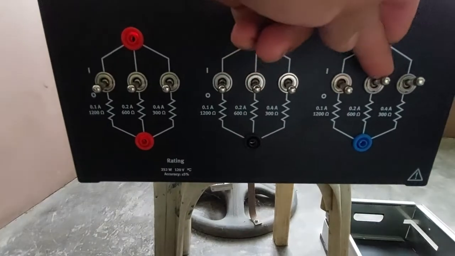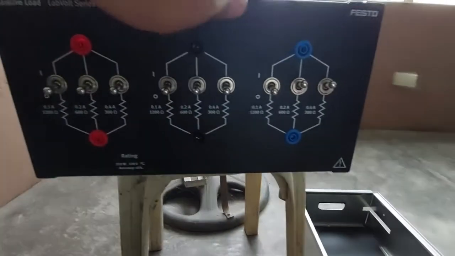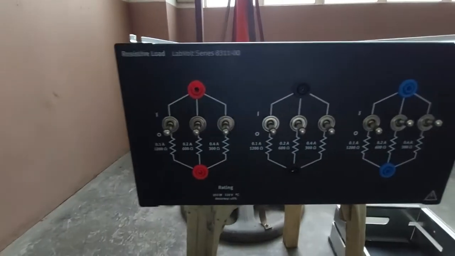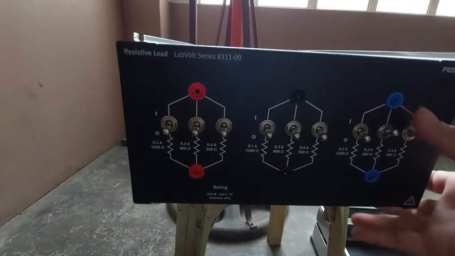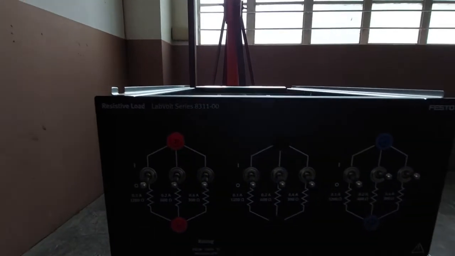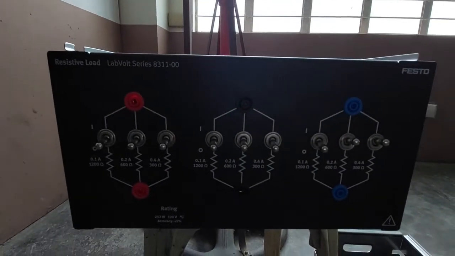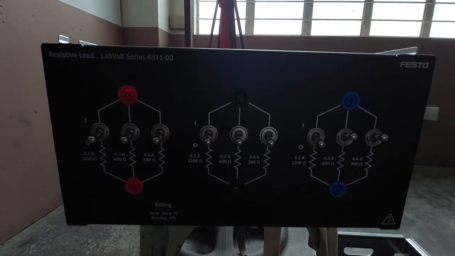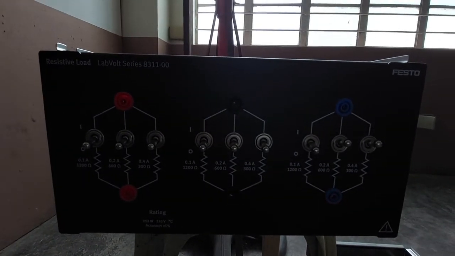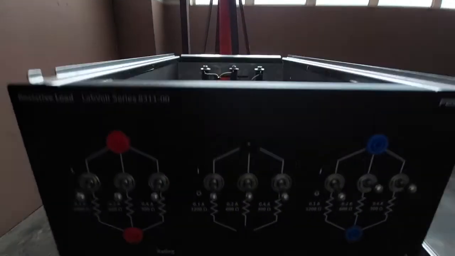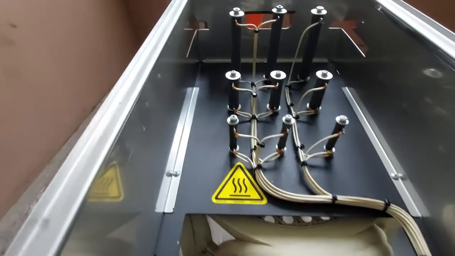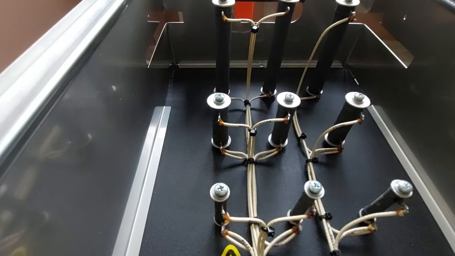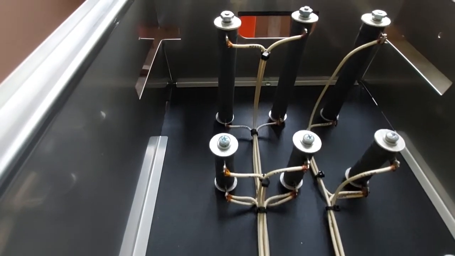The resistive load module in the EMS system or Lab-Volt consists of three identical sections, each having three resistors that can be added to a circuit using toggle switches. The selected value will appear across the output terminals of each section when the appropriate switch is closed, and any two or all three of the resistors can be placed in parallel.